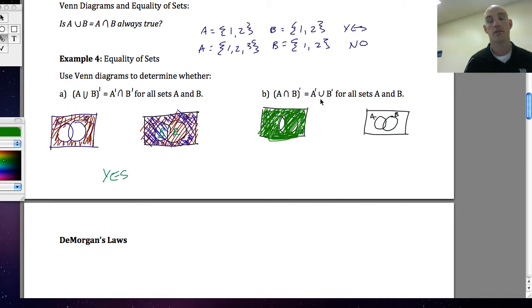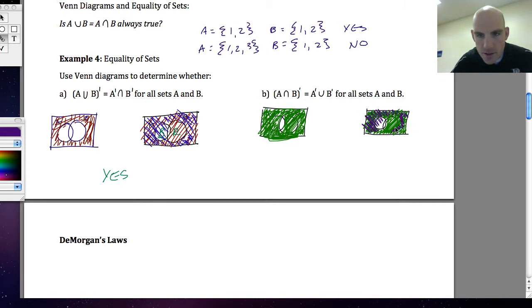What about not in A intersect not in B? Well, I'll do this. What is the stuff that's not in A? Well, not in A is going to be all this. So that's everything that's not in A. And let's look at everything that's not in B. Everything that's not in B is this part here, right?